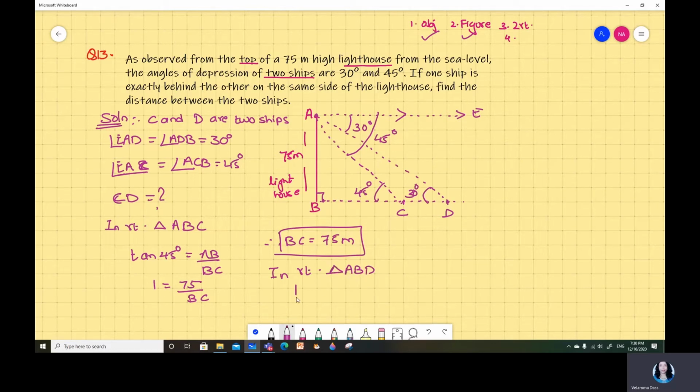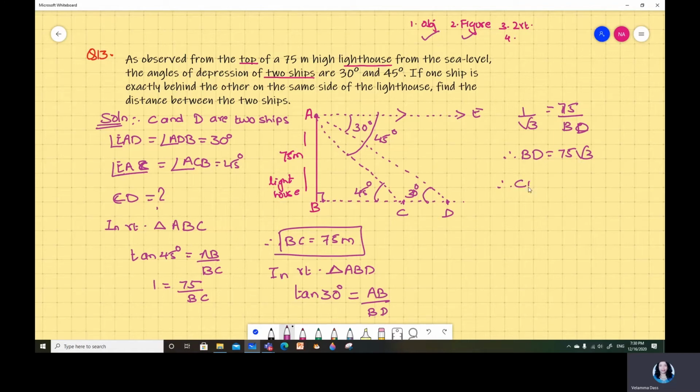So in right triangle ABD, we'll consider tan 30 degrees because we want to find BD. That is AB upon BD. What is tan 30 degrees? 1 upon root 3 equals 75 upon BD. So here we get BD equals 75 root 3.